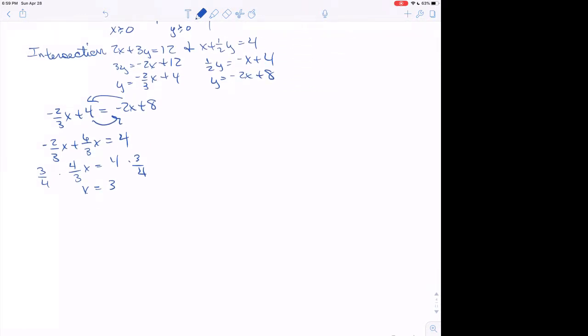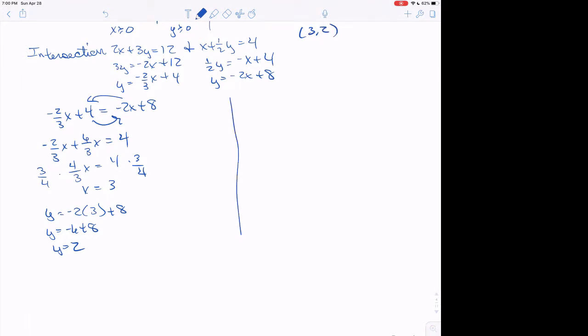So now plug it in. So y equals negative 2 times 3 plus 8. So y equals negative 6 plus 8. So y equals 2. So this intersection is the point 3, 2.